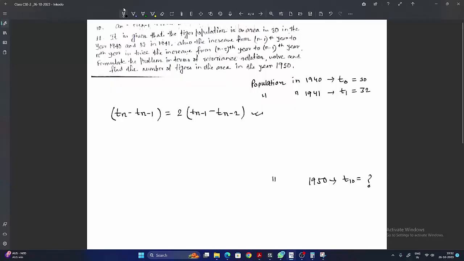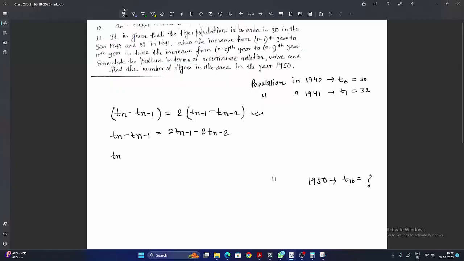Is it clear? Yes, sir. So now your problem is like the previous problem: you have to solve that recurrence relation using the initial conditions, then calculate T10 and you will get the tiger population in that year. So here just take Tn minus T of n minus 1 equals 2 T of n minus 1 minus 2 T of n minus 2.